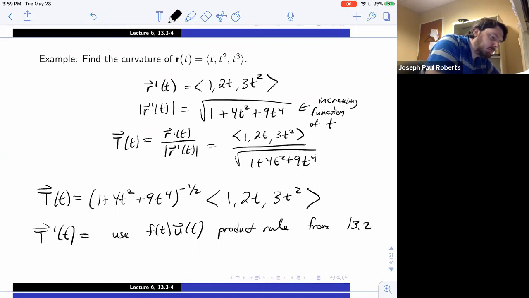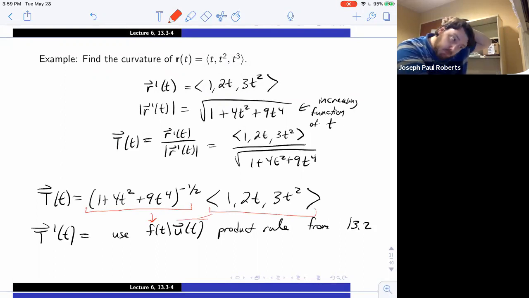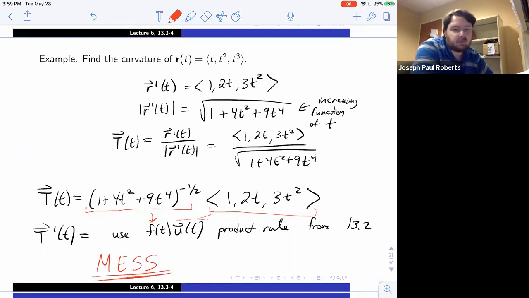That takes care of that denominator as a scalar function multiplying a vector function. But in summary, it's a big mess, right? I don't think any of us is particularly excited to do that or to do the quotient rule on each component. Everybody hits the quotient rule.